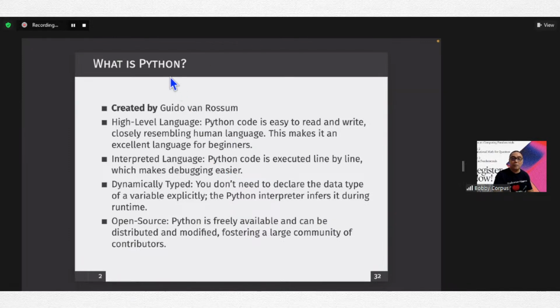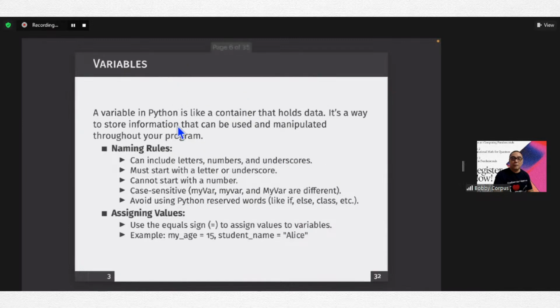Okay. So let's review, no? So if you want to learn a new programming language, ano ba yung mga importante dito, no? So simple lang naman: variables, no? And then how to, tapos yung mga conditionals, no?